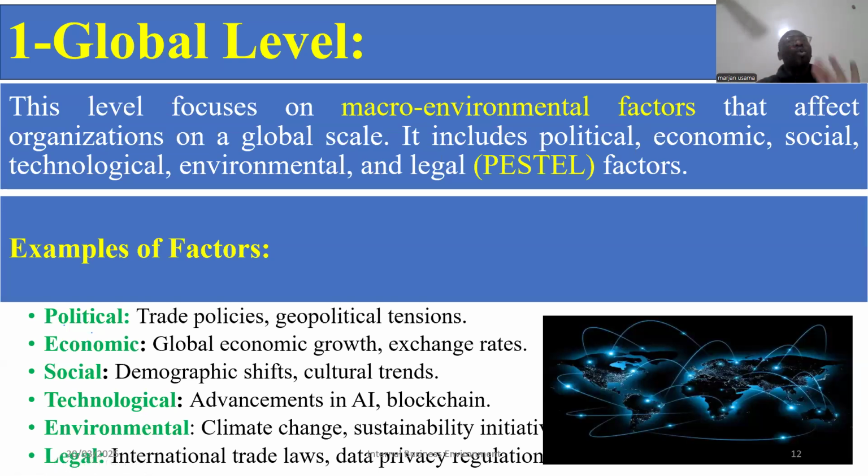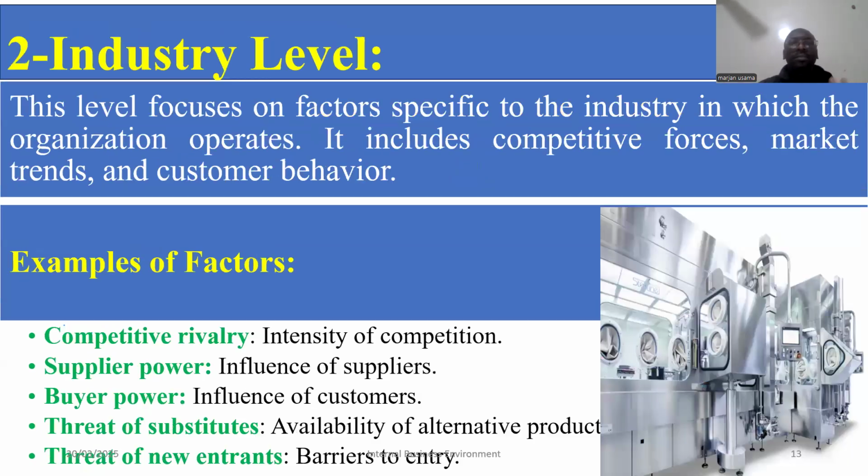We shall talk about this when we are talking about the external analysis. Number two is industry. This level focuses on factors specific to your industry, where your organization operates.